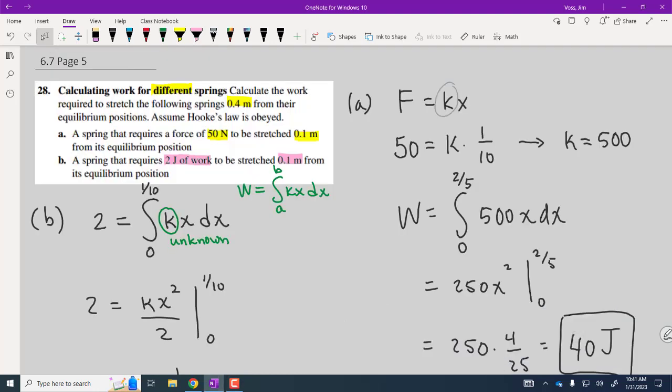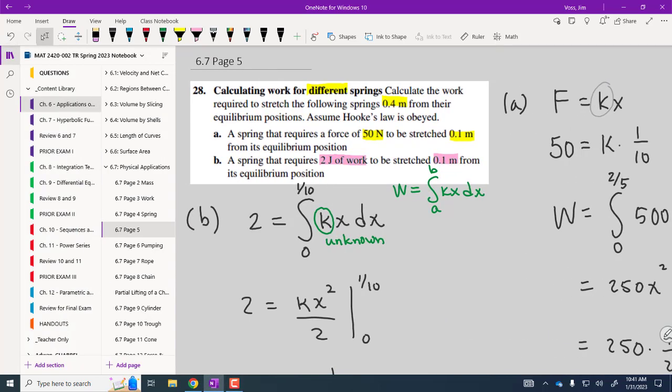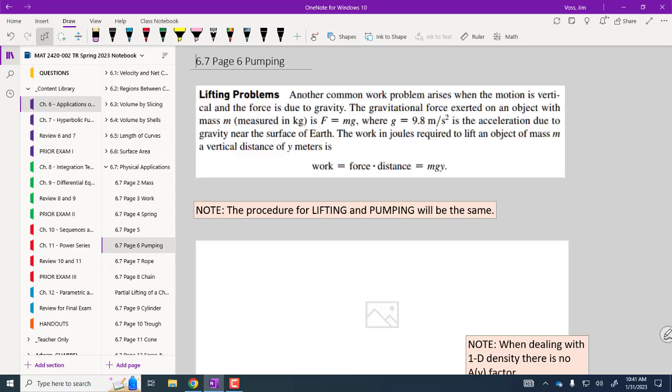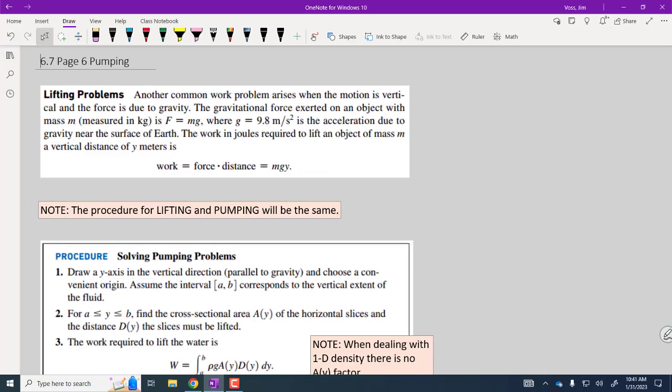And with other work problems, we are going to have to worry about gravity, because the force function is going to be dealing with objects that are not just moving laterally, but moving vertically, so gravity is going to come into play.